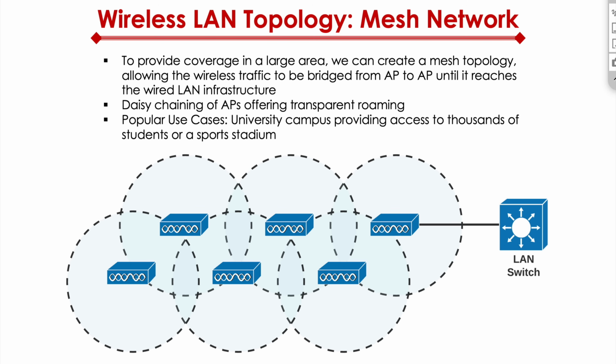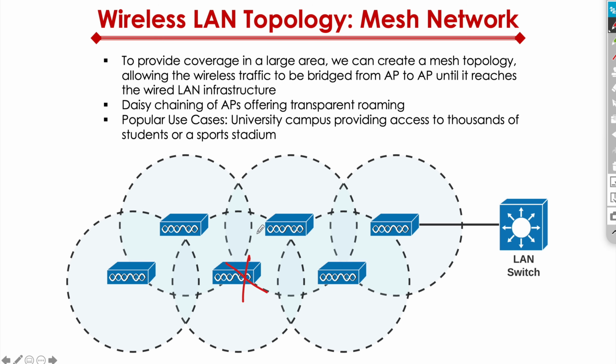Cisco uses its own proprietary mesh network protocol for wireless connectivity, which is pretty intelligent, and it figures out how to collect all the traffic and then bridge it across all the way to the wired infrastructure in a seamless fashion. Plus, it has some interesting auto-healing capabilities. Let me explain. Let's say this guy dies.